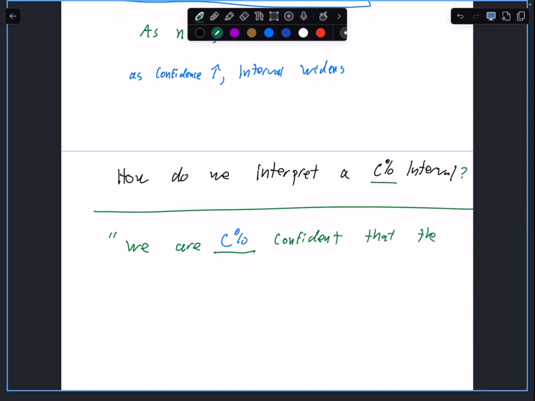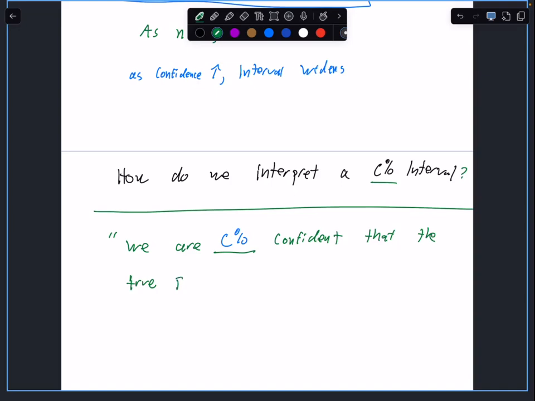that the true, and I like to write the word true. Some statisticians don't like to write the true proportion because the proportion of the population is the true proportion, so it's kind of redundant, but I like to write the word true.